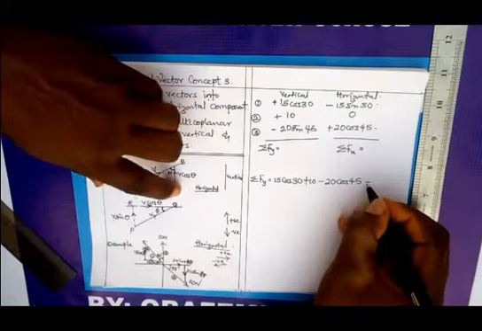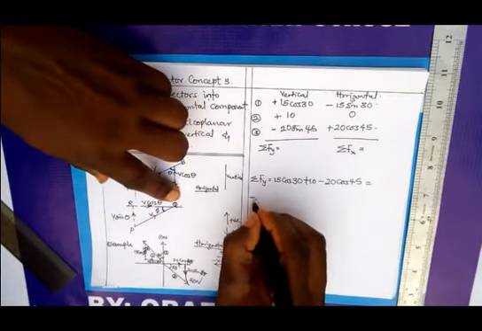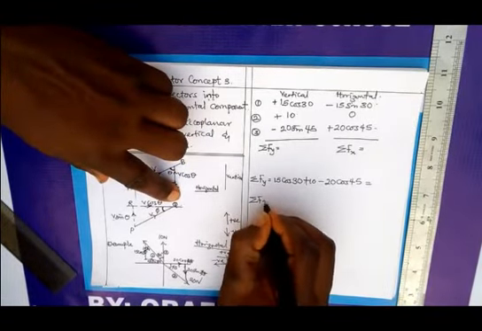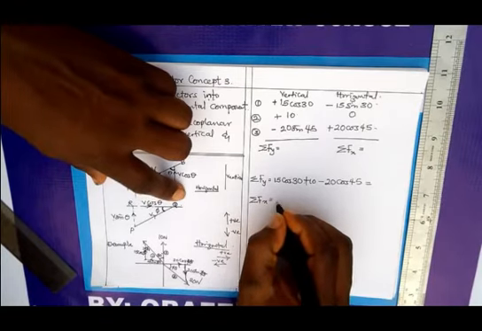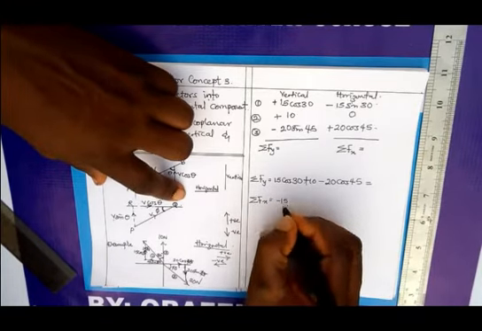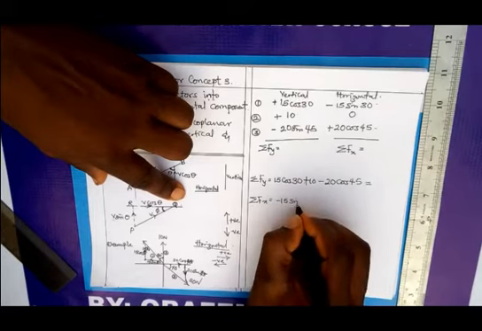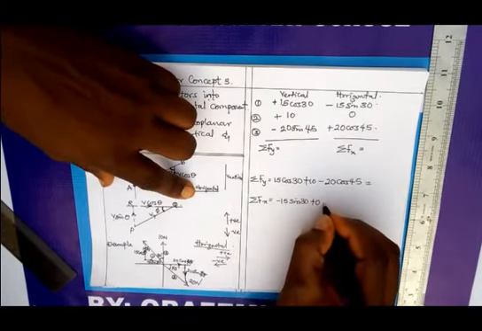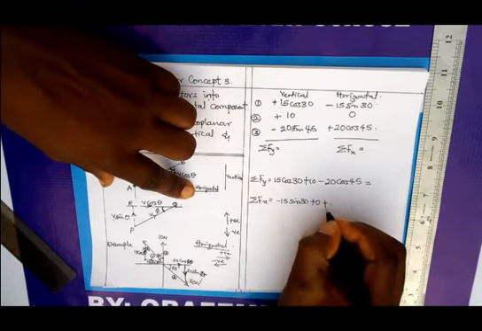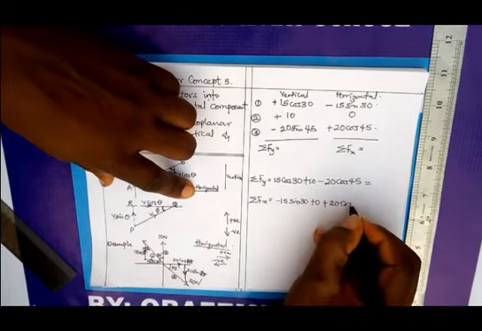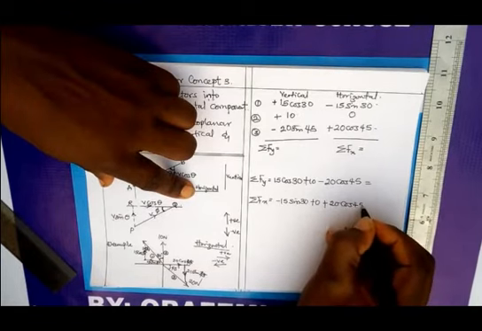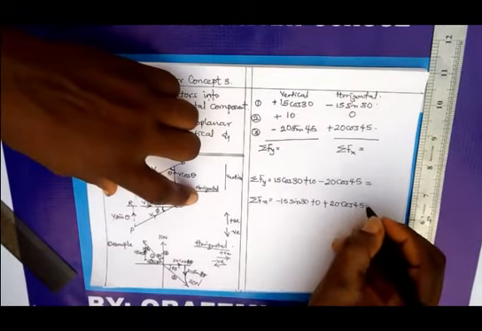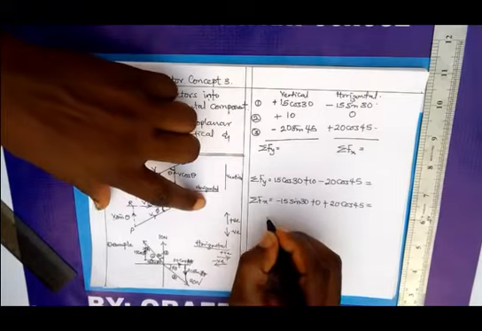Summation along the x-axis is equal to minus 15 sine 30 plus 0 plus 20 cos 45. So when we add them together, what do we get?